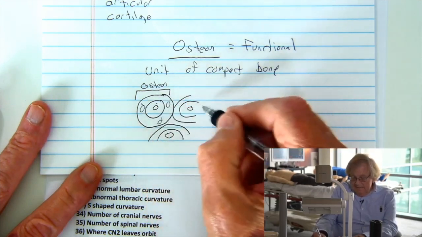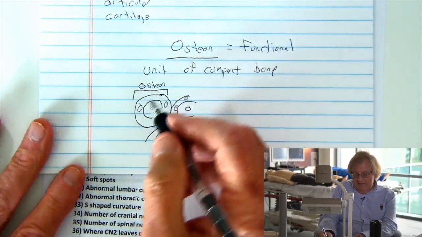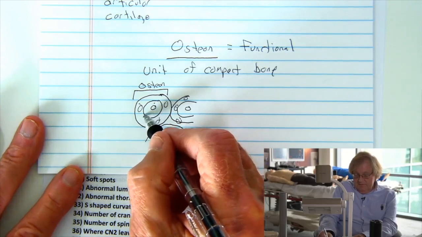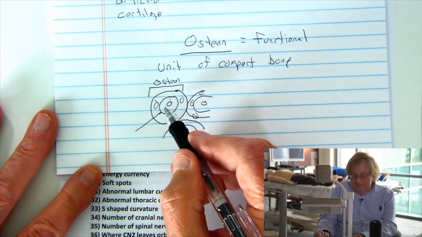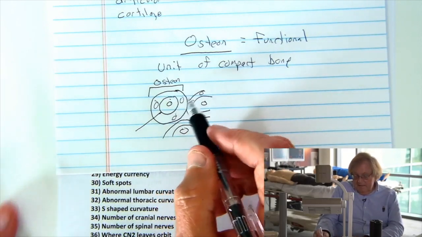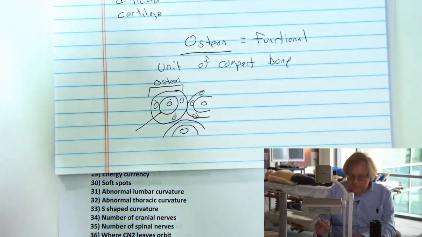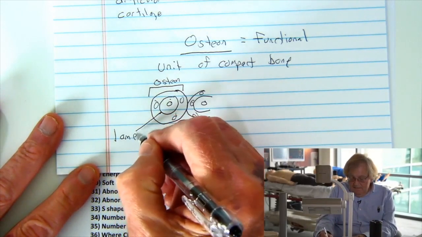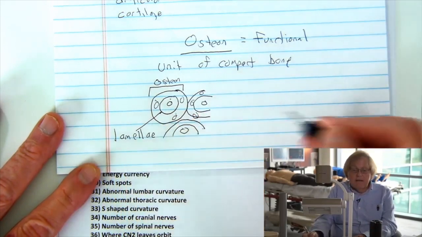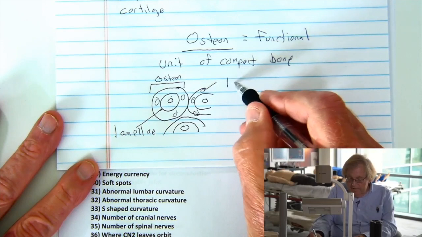Inside of those osteons, I'm going to find concentric rings, very similar to the rings of a tree, called lamellae. Then I'm going to have some open spaces called lacunae.